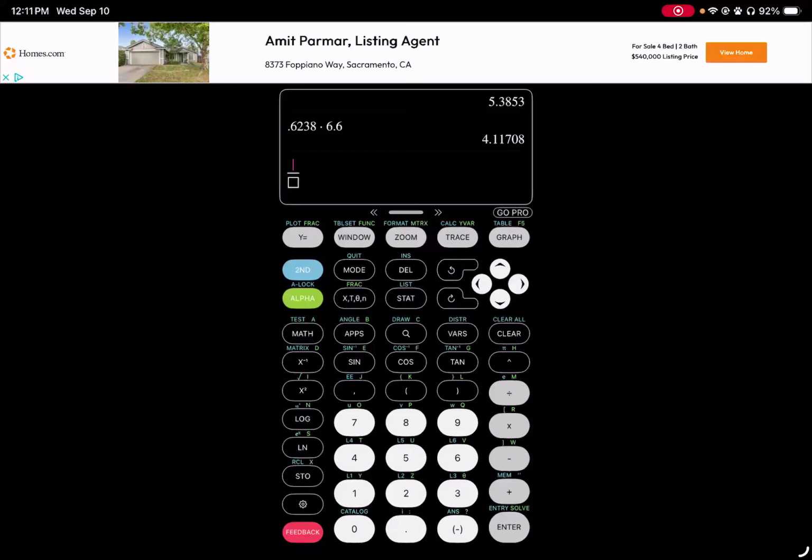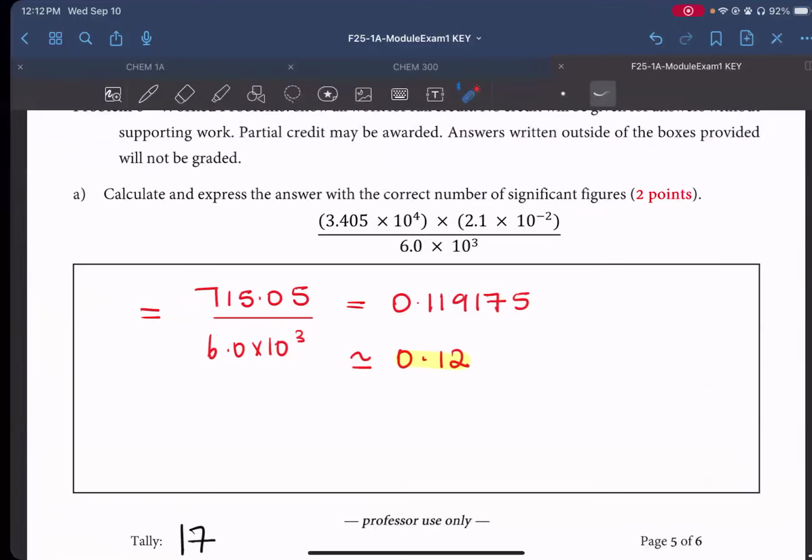I'm just going to look at Joel's screen right here. 3.405 times 10 raised to the 4 multiplied by 2.01 times 10 raised to the negative 2 bracket, all over 6.0 times 10 raised to the 3. You put that into your calculator as is, you should get the answer 0.114, which I've written right here.